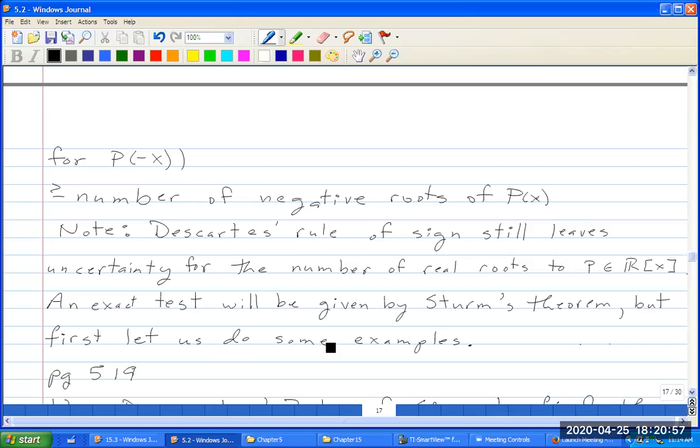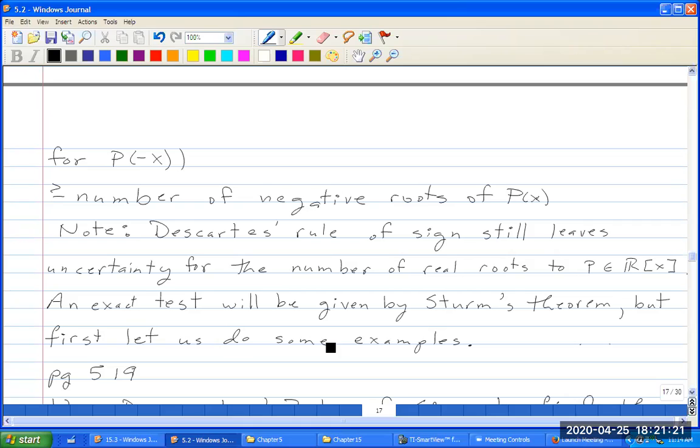So there's an even number of roots, or an odd number of roots, but no more than the degree of the polynomial.